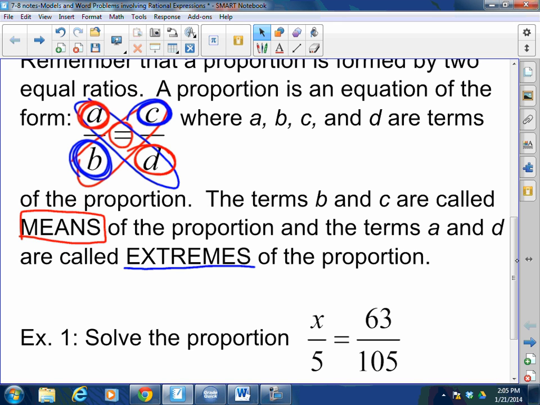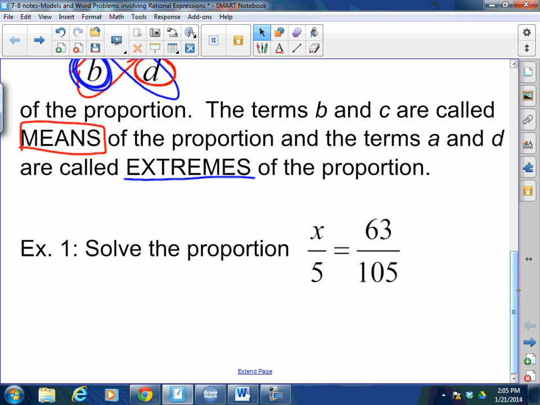Now, let's start easy and we'll crank it up a little bit, little by little. Solve the proportion x over 5 equals 63 over 105. Two ways to do this. When it's nice and easy like this, I could cross multiply, or I could multiply by the LCD.